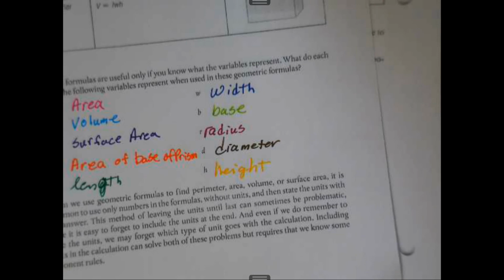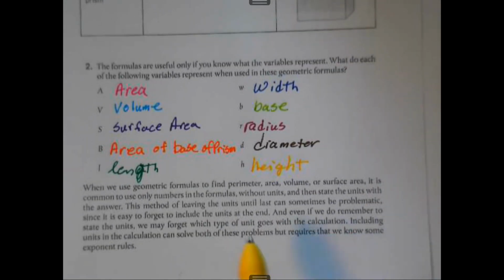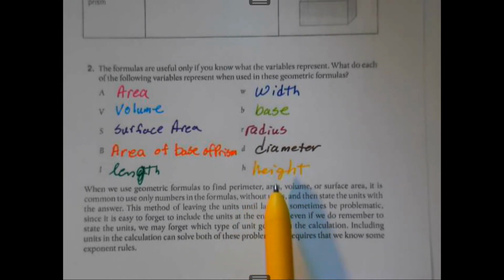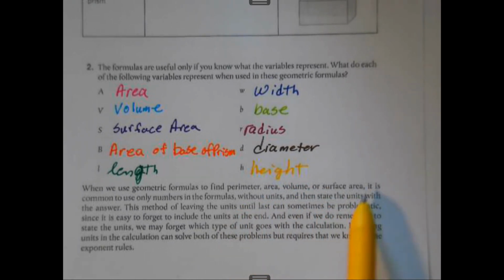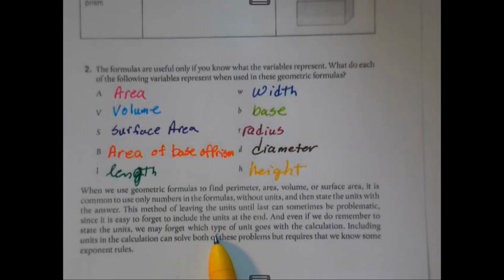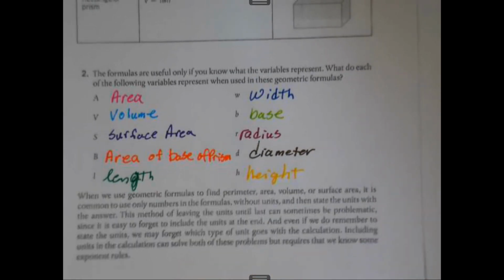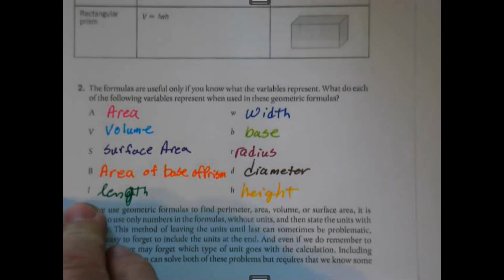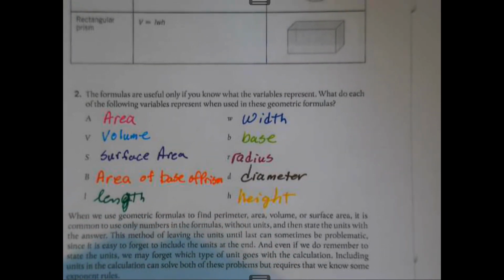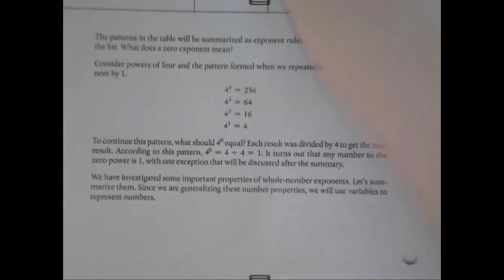This is probably why they tied in exponent rules with all of the geometric areas and surface area, because all of the units that you use are exponential, like volumes cubed, areas squared, perimeters linear to the first power.